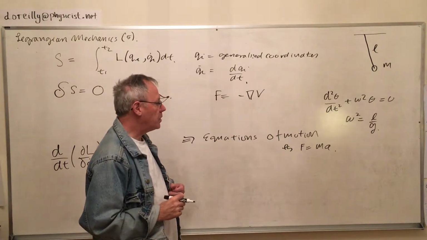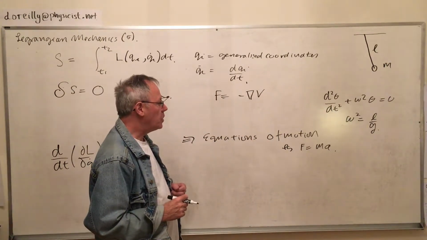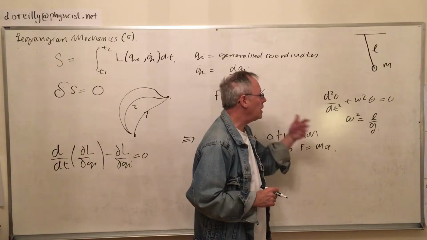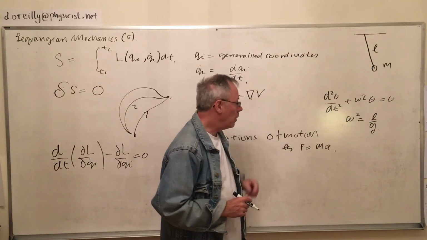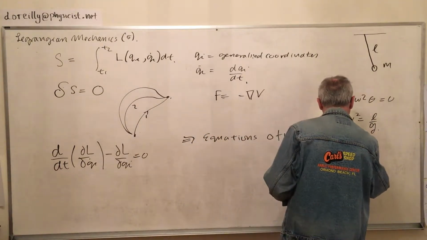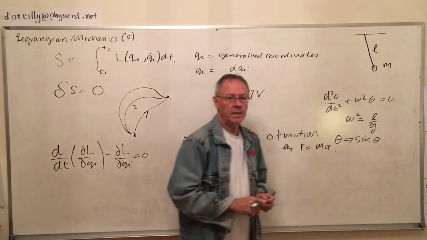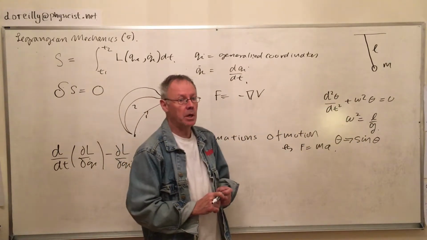Now I can't remember if it's L over G or G over L. I think it's L over G. But you can check the lecture yesterday. And this is the equation of simple harmonic motion when the motion is small. But in general, theta is sine theta, and then the motion may become chaotic.